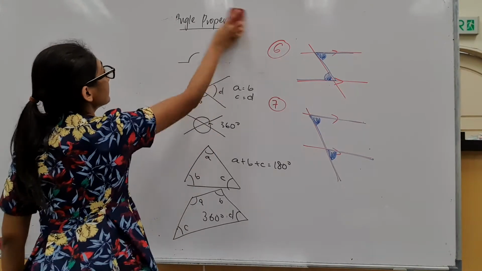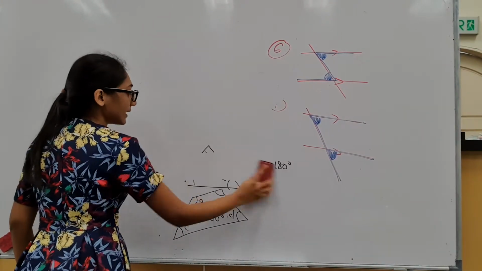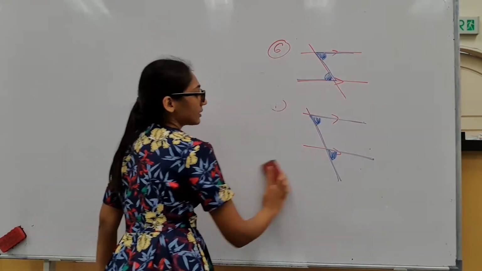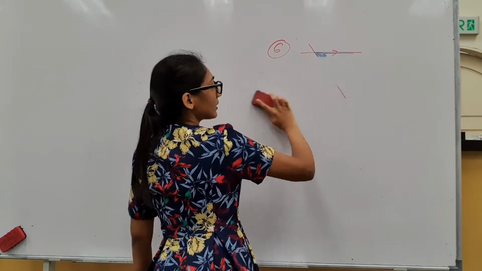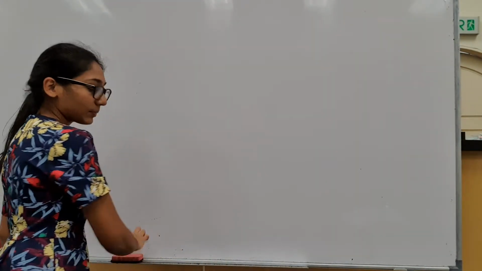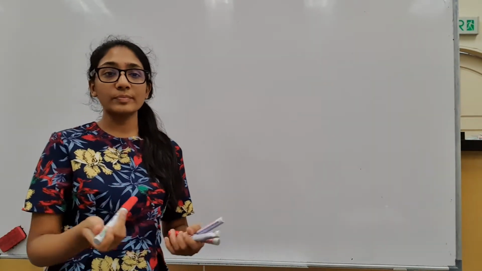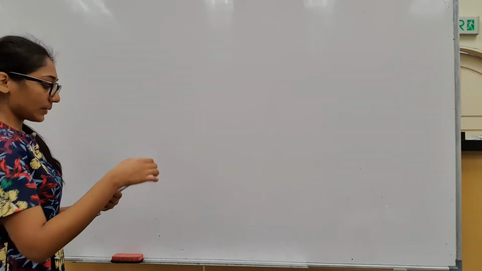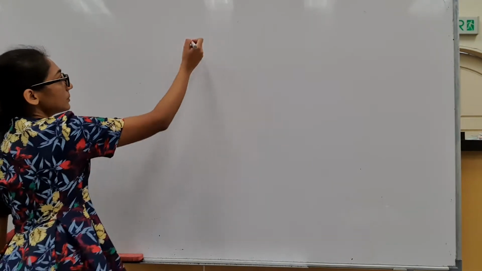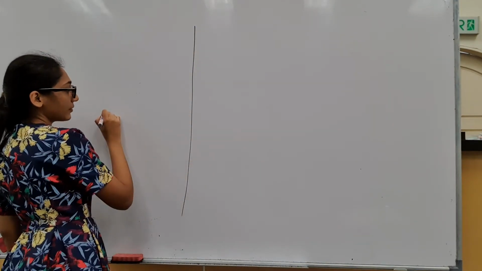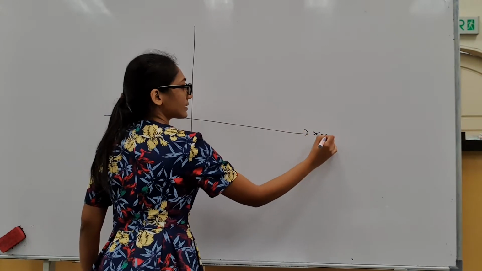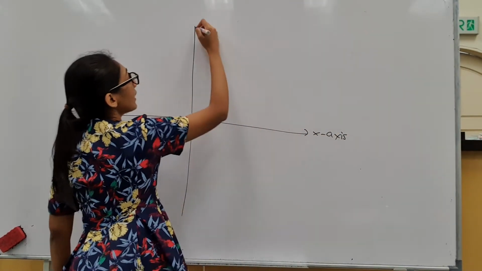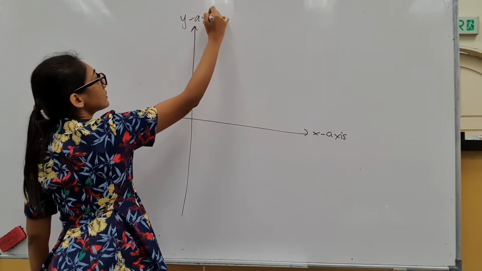And then we look at the next part, which is how geometry can be seen in coordinates. But before that, let's just look at the elements of the coordinate system. Okay, so I have the x-axis and I have the y-axis.